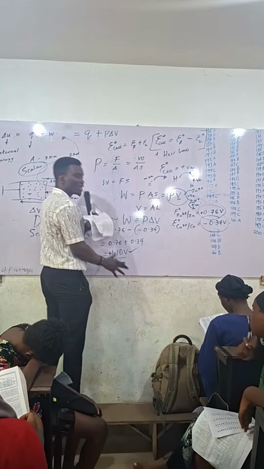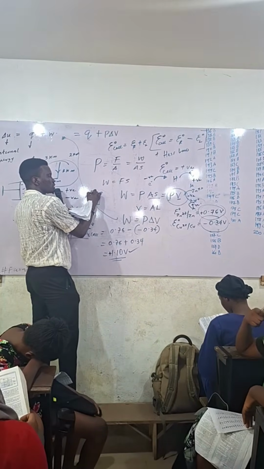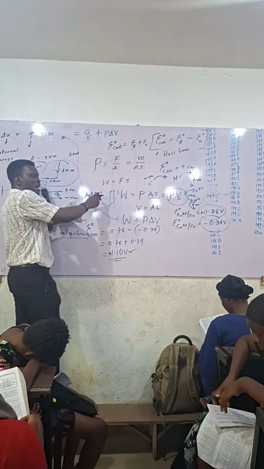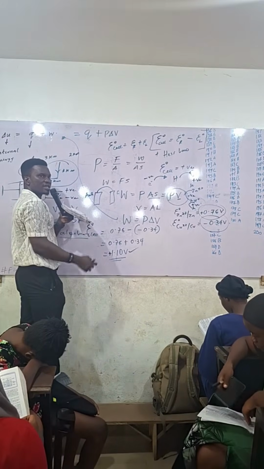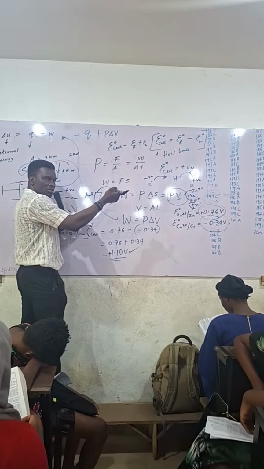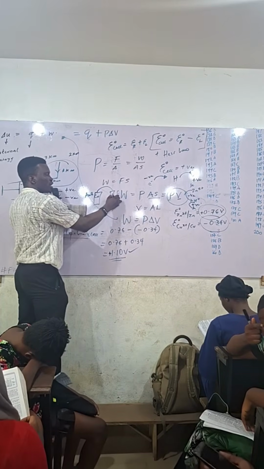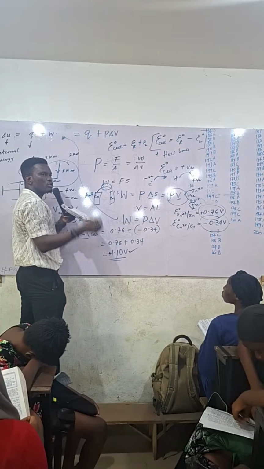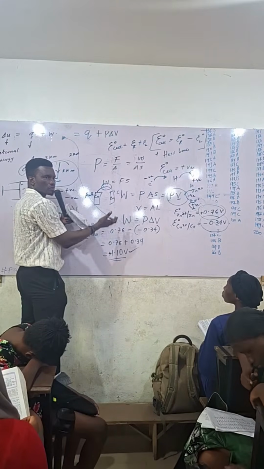That means that if you look at your cell, you have anode and you have cathode. The one that should be at the anode should be the one that can donate electron, because there's electron loss at the anode. Now, if you put copper here and you put zinc here, you will see a deflection to the left, showing you that this guy is the one sending electron, but that is wrong.